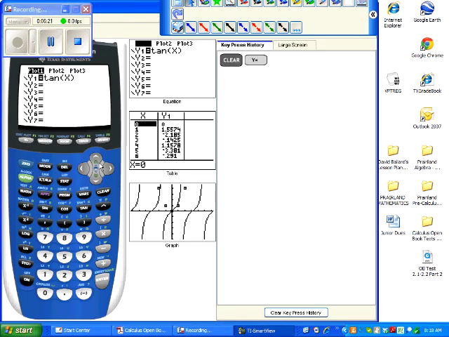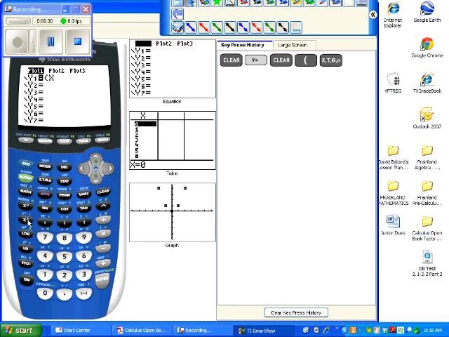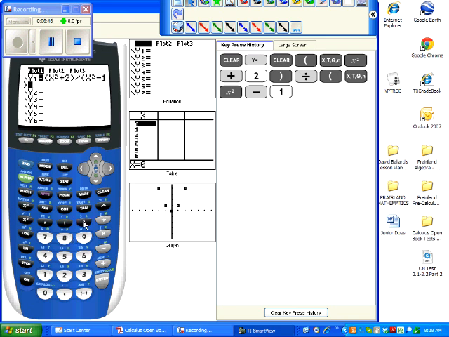So we'll go to our graphing calculator. We'll go to y equal. I'm going to clear that out. And we're going to type this in: open parenthesis, x squared plus 2, close parenthesis, divide, open parenthesis, x squared minus 1, close, and then we'll hit graph and take a look.